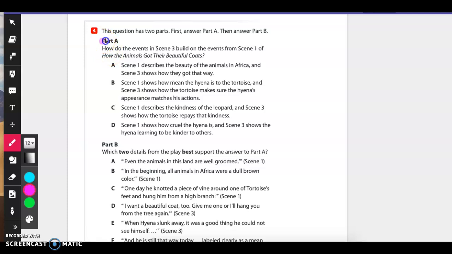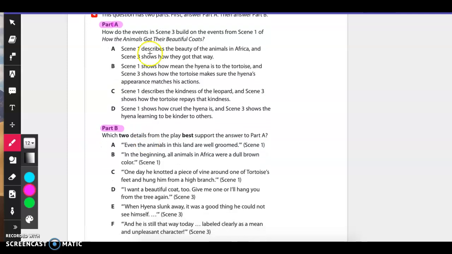Number 4 has a part A and part B. How do the events in scene 3 build on the events from scene 1 of the play, How the Animals Got Their Beautiful Coats? Think about this very carefully. Something happens in scene 1 that makes something happen in scene 3.